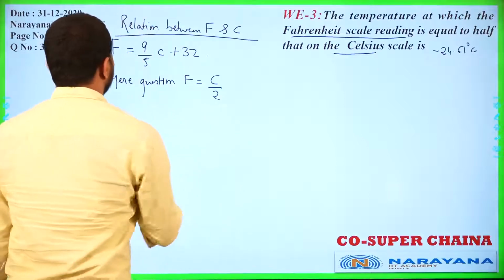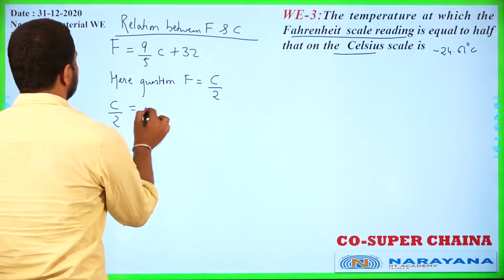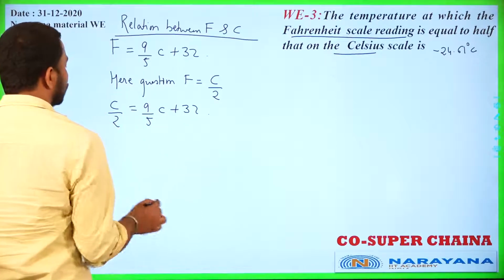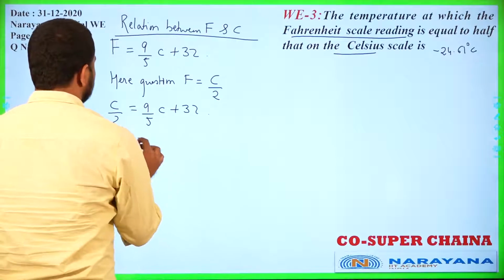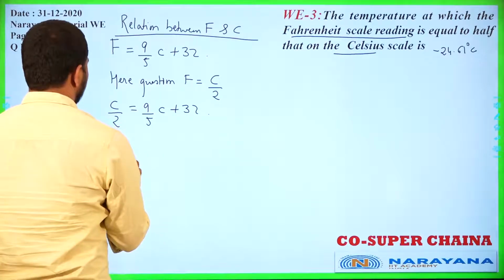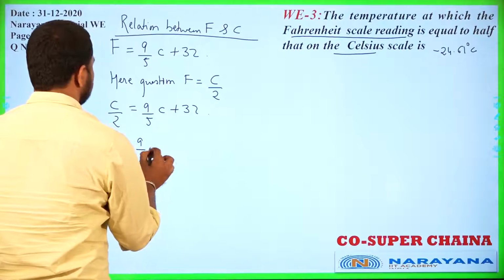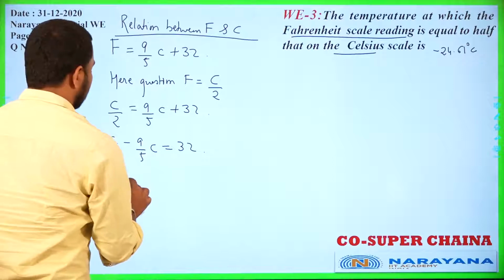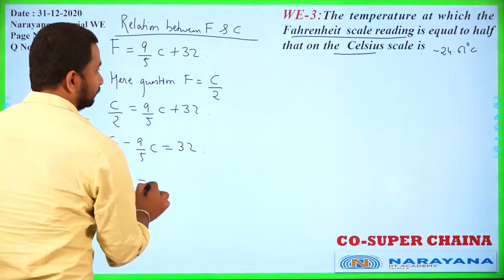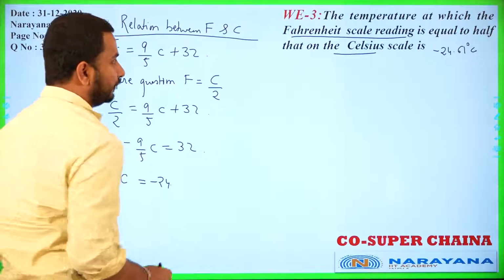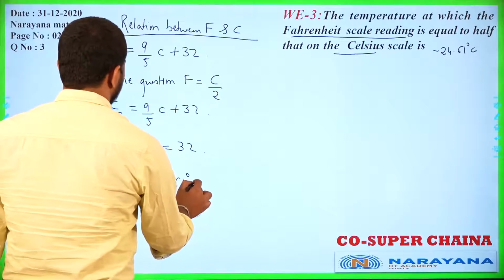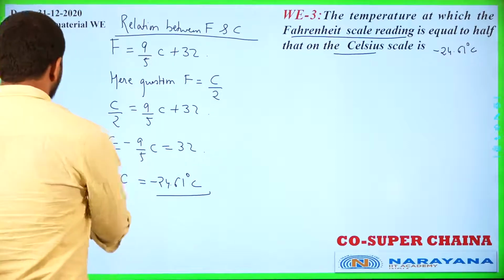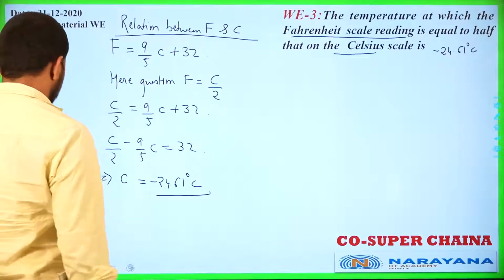So C by 2 is equal to 9 by 5 C plus 32. We substitute: C by 2 minus 9 by 5 C is equal to 32. Simplify, and you will get the value of C as minus 24.61 degrees Celsius. That will be the answer to this question. Let's move to the next question.